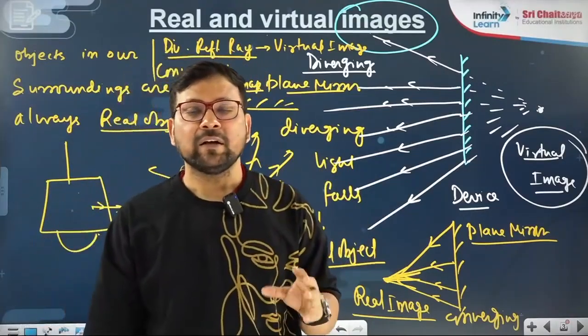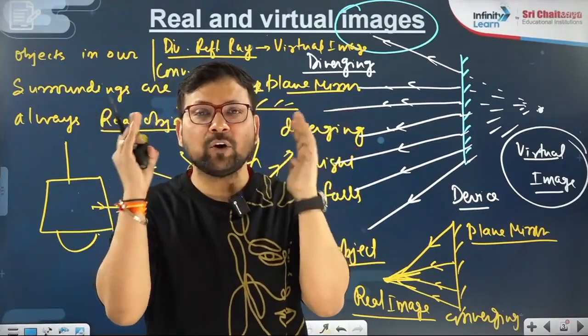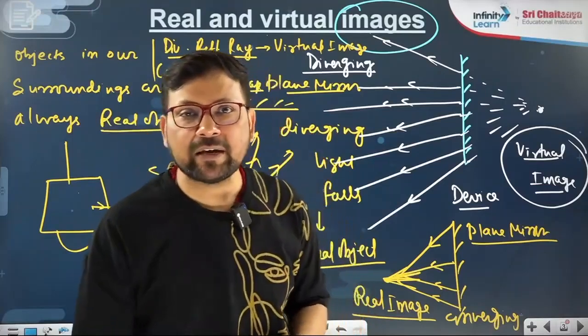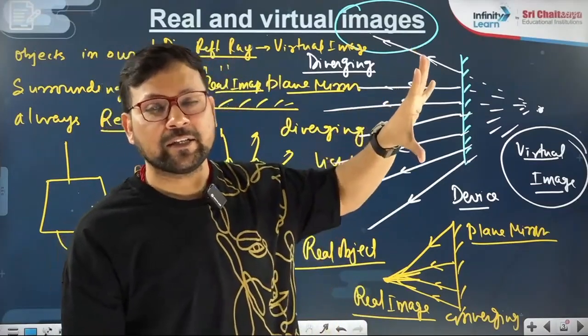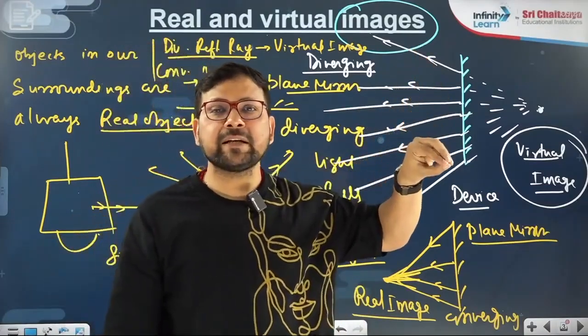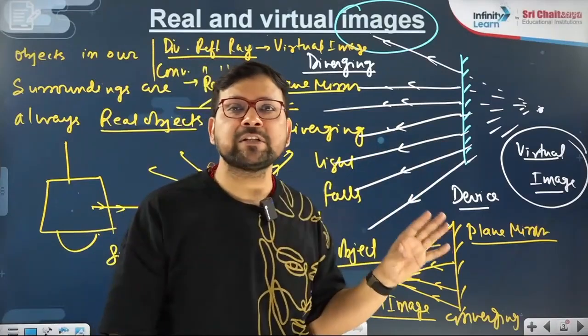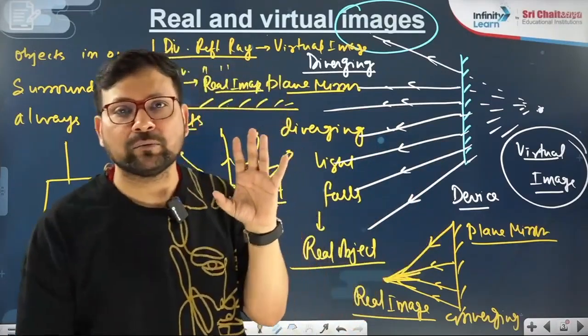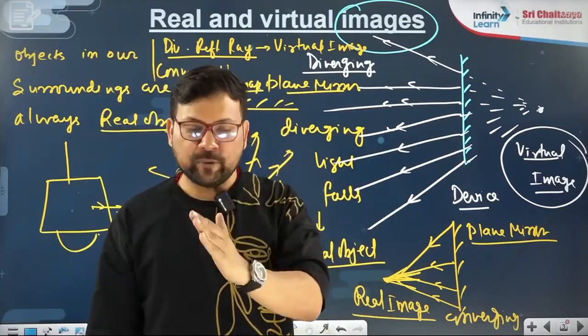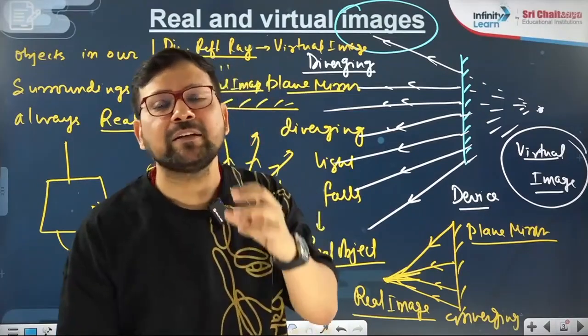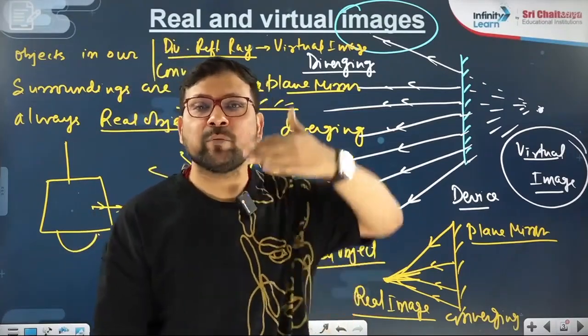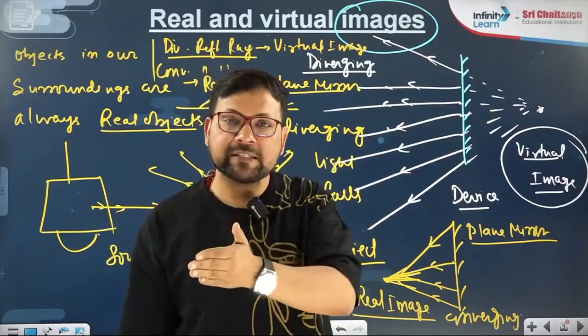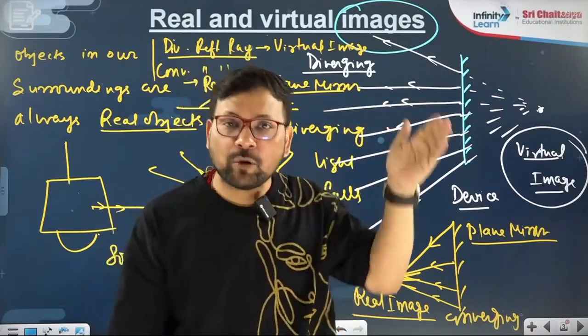Try to understand. When you are thinking about the object, think incident ray. Diverging incident ray, real object. Converging incident ray, virtual object. No diverging, no converging, neither real nor virtual. Now come to image. When you are thinking about image, think always about the rays coming from the optical device, from the mirror or the lens.